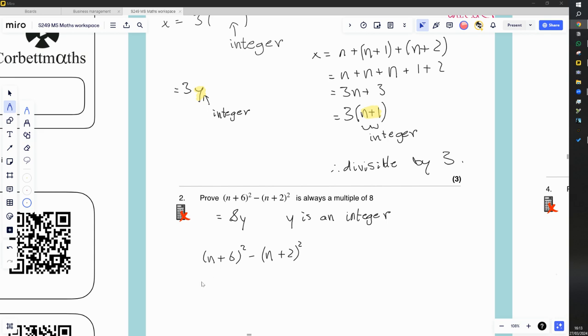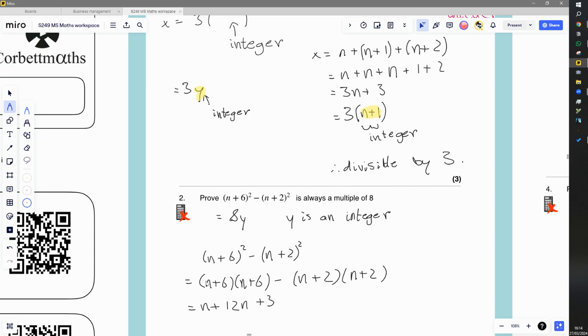So we've got (n plus 6) all squared, which is just n plus 6 multiplied by n plus 6. And then minus (n plus 2) multiplied by (n plus 2). And that would give me n squared plus 12n plus 36 minus (n squared plus 4n plus 4).